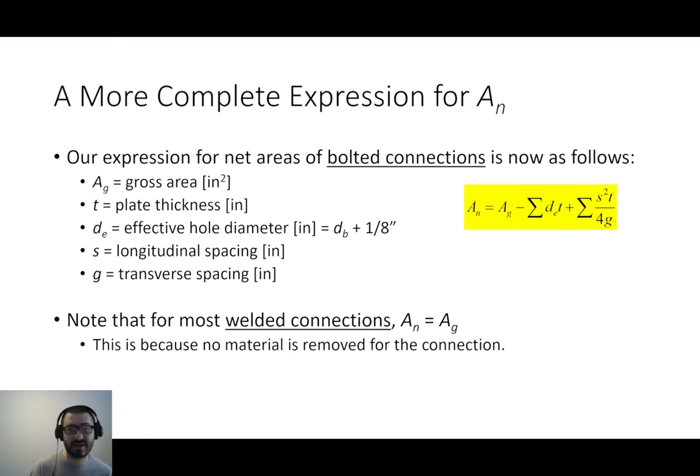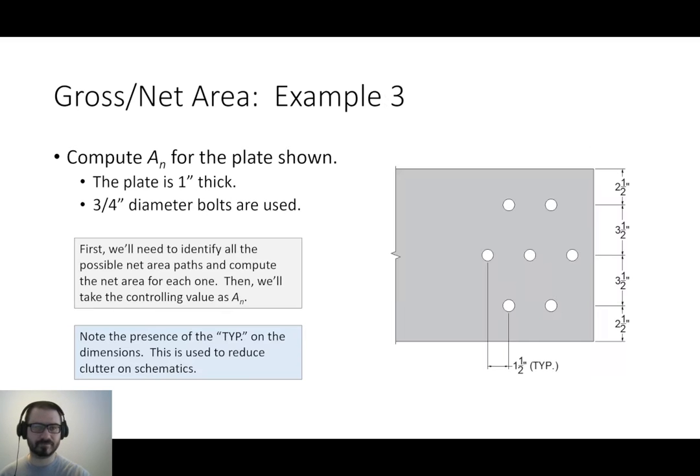So the gross area and the net area are the same. So for welded connections, it's really easy. And one thing I will say, and I'll probably talk about this in much more depth when we get to connections, is that we really don't use rivets anymore in most structural applications because they're unpredictable, they're kind of dangerous to install, and they're pretty expensive. I mean, we have riveted structures in the past, but high-strength bolts are much easier to use.